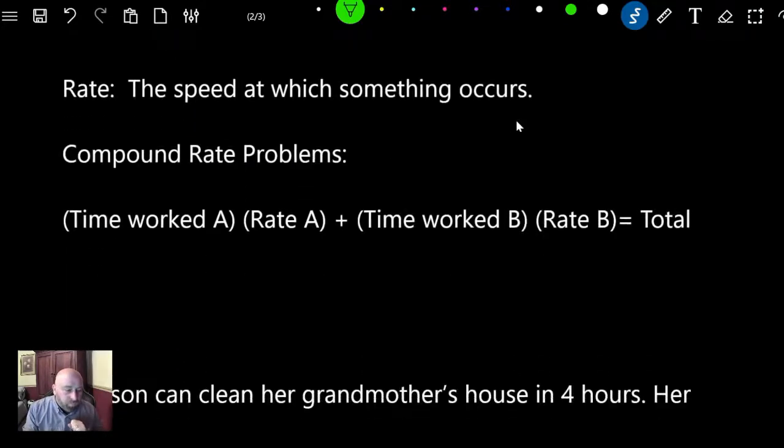So next, let's find the rate. What is the rate? The rate is the speed at which something occurs. How fast is it happening? Compound rate problem. So now we have two different people doing a job, two different people driving a train. You've seen those types of problems. So we have a compound problem.